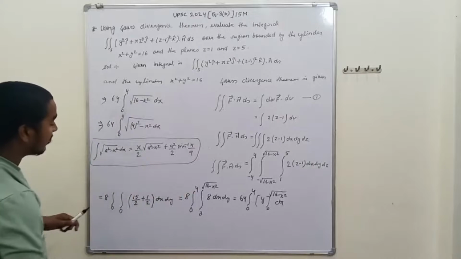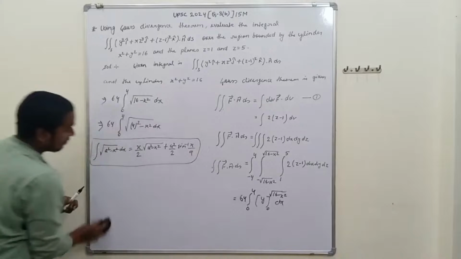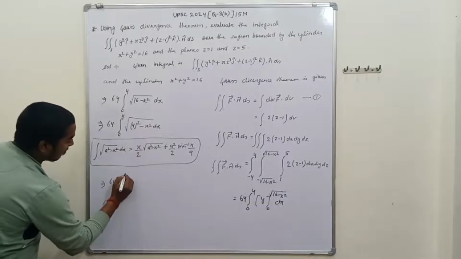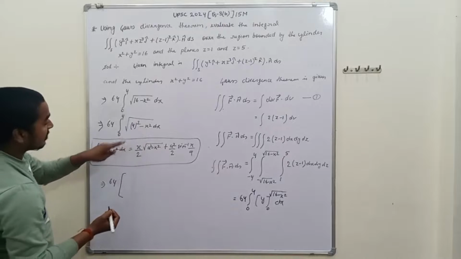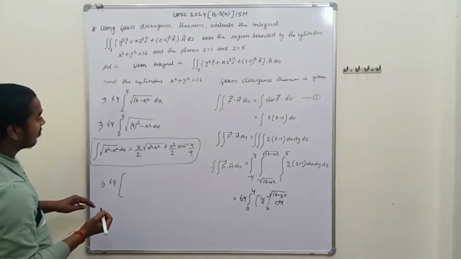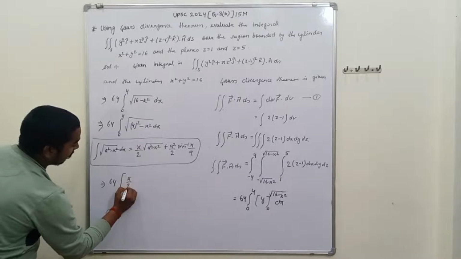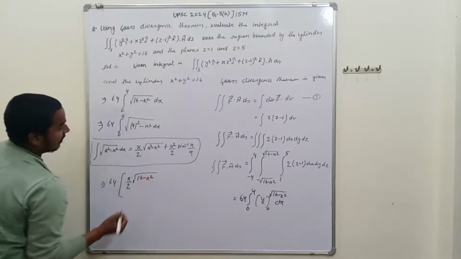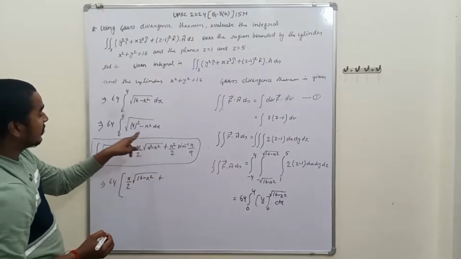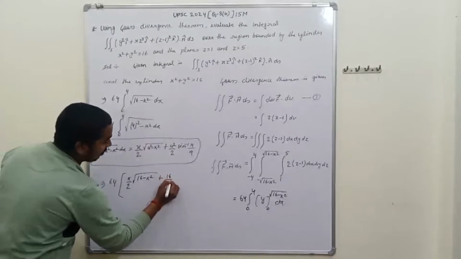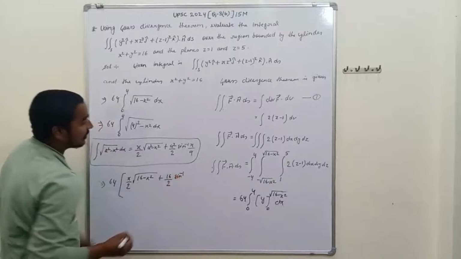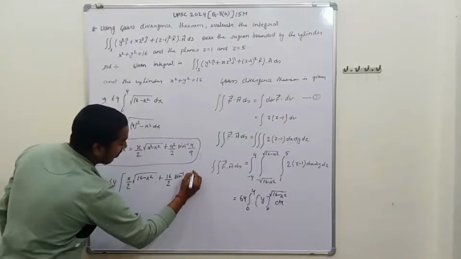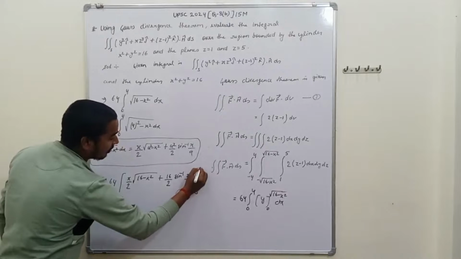Applying them, we get 64 times x by 2 under root of 16 minus x square, plus a square, which is 4 squared, that is 16 upon 2, sine inverse of x by 4, applying the limit 0 to 4.